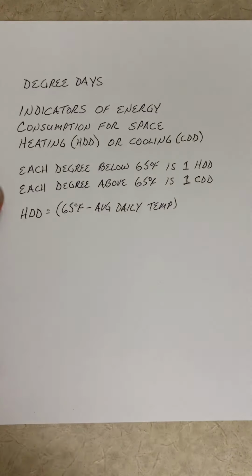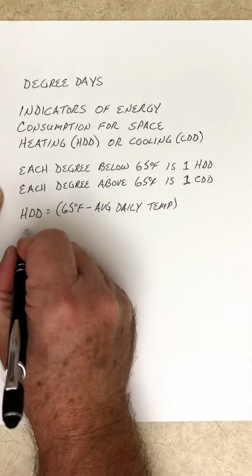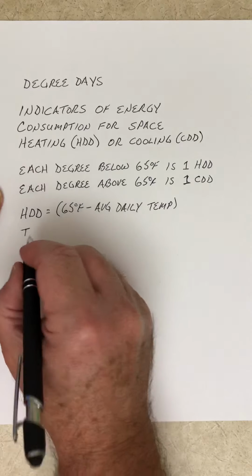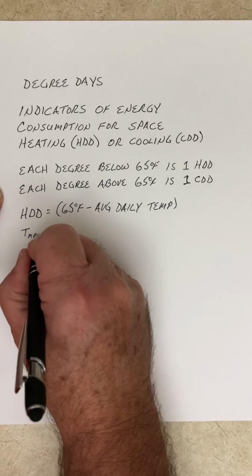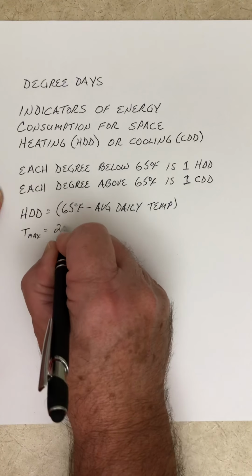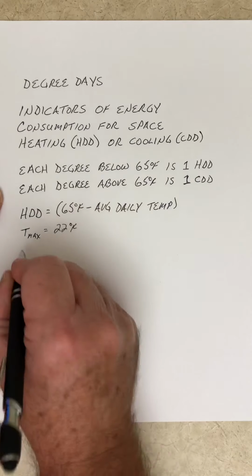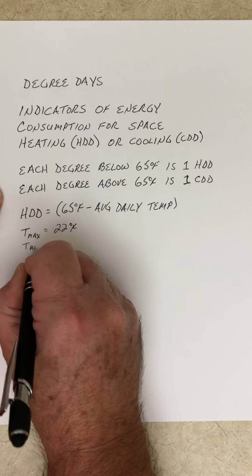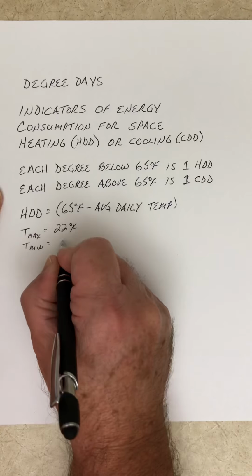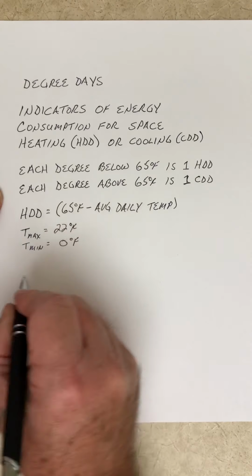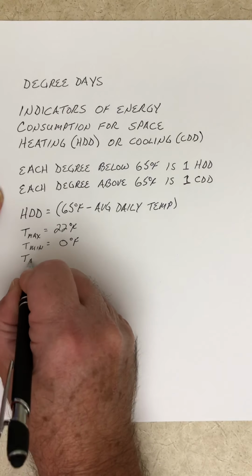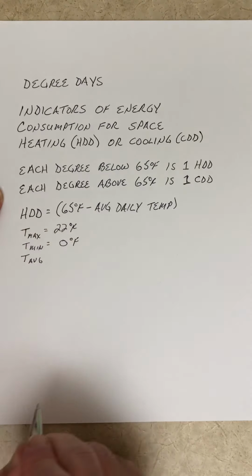So let's do an example. What if it's a nice cold winter day. Maybe the maximum temperature on that day was 22 degrees Fahrenheit. The minimum, low temperature on that day, hit 0. Then we need to calculate the average daily temperature.